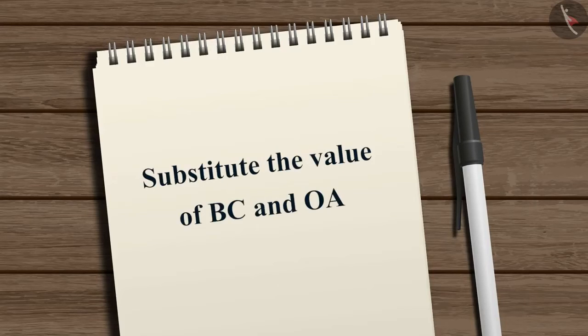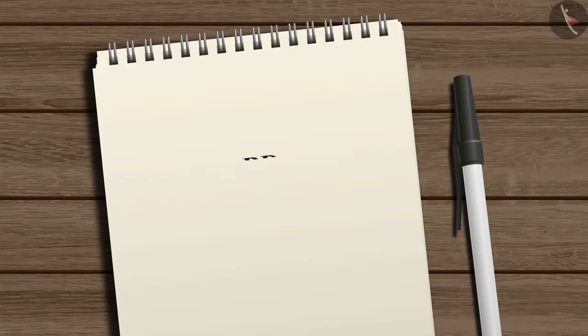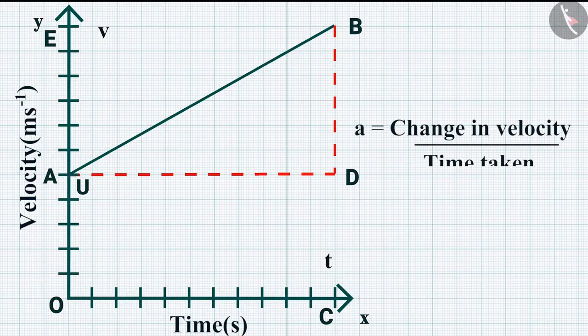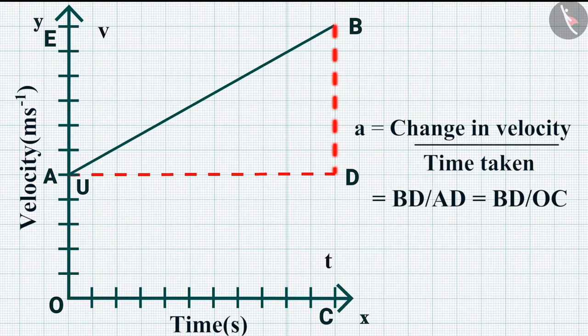Now, we can substitute the value of BC and OA in the previous equation to get v = BD + u. BD = v − u. From the graph, we can find the acceleration a = change in velocity upon time taken, which is equal to BD/AD, which is equal to BD/OC.